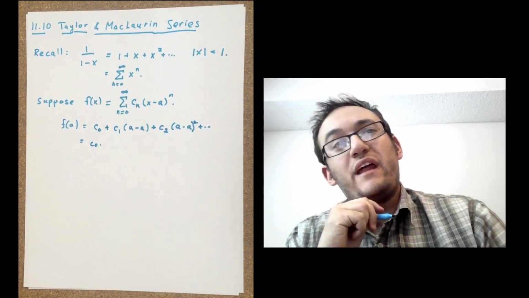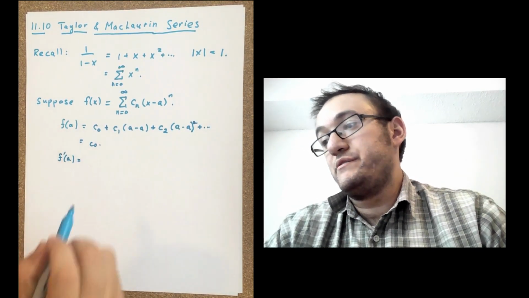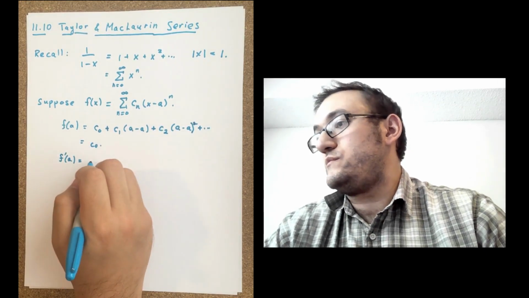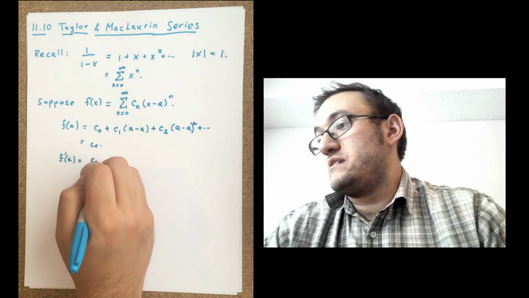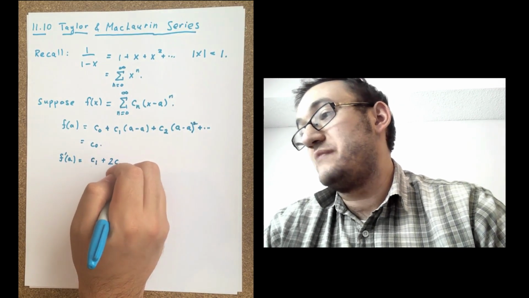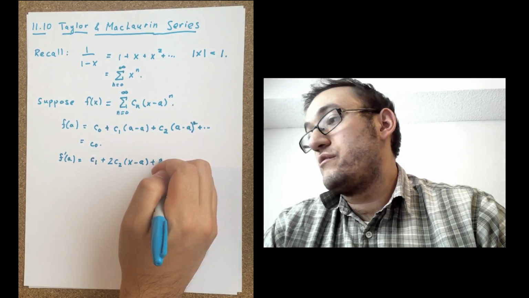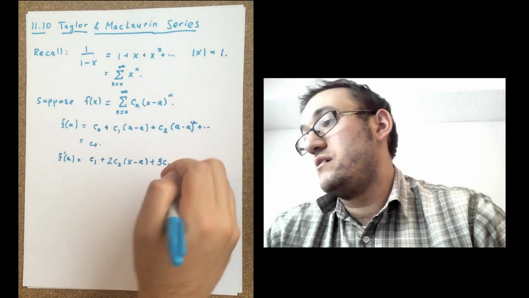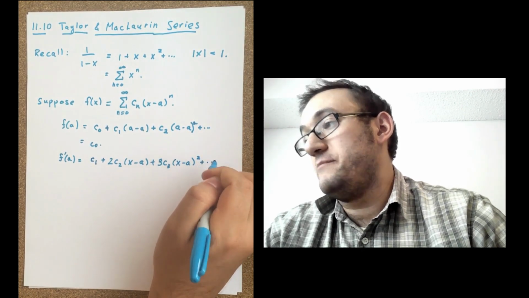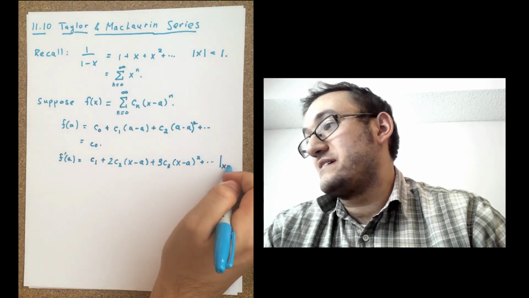Okay? What happens when we take a derivative and then evaluate at a? So, taking the first derivative, we have c sub 1 times, so the x minus a drops out, plus 2 times c sub 2 times x minus a, plus 3 times c sub 3 times x minus a squared, etc. And we're evaluating this at x equals a.